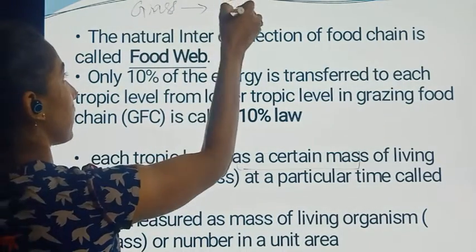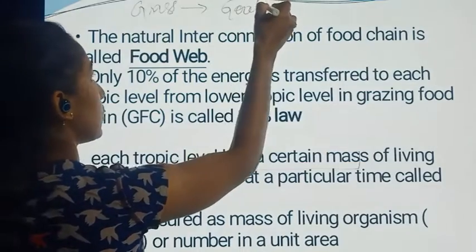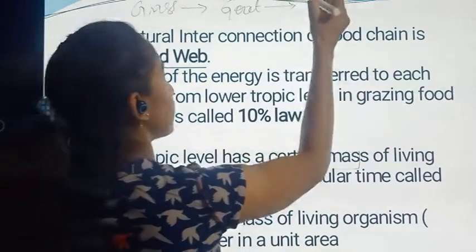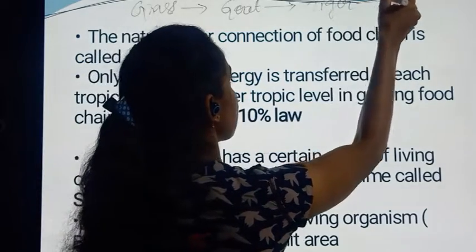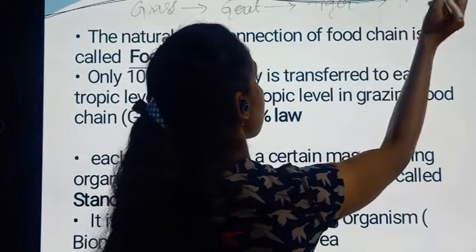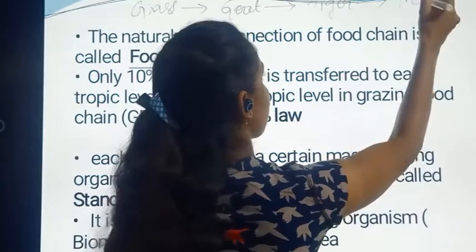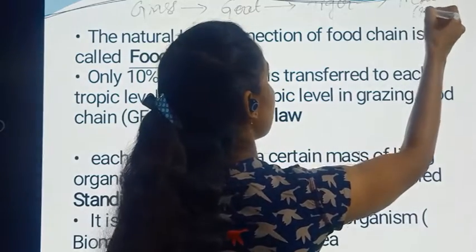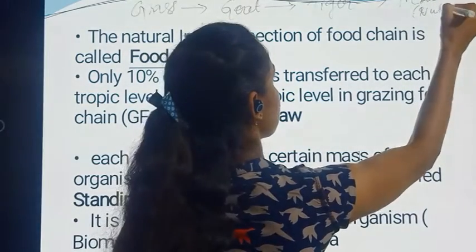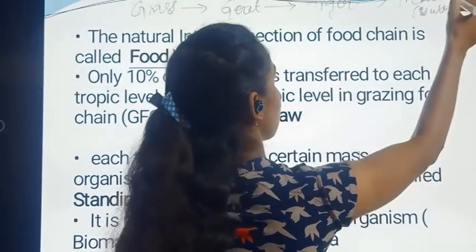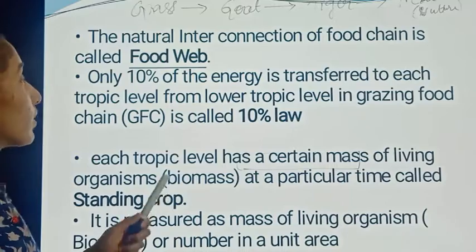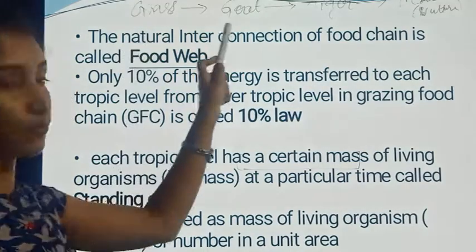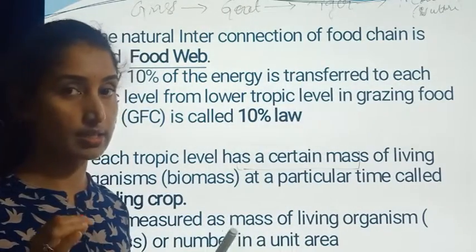Grass is eaten by the goat, and the goat is eaten by the tiger, and this is eaten by the tertiary consumer. Let me take it as a vulture. Vulture can be considered the tertiary consumer. I would like to repeat the food chain we have taken as an example here.